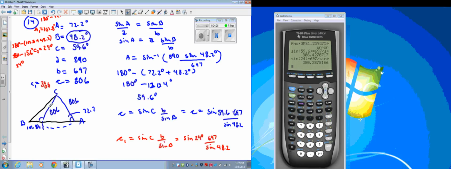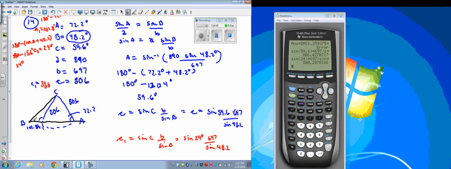We see that this side here stays unchanged. This is angle A, this is angle A, but that side stays unchanged. And this length here, the side opposite angle B, is 806, and it stays unchanged.